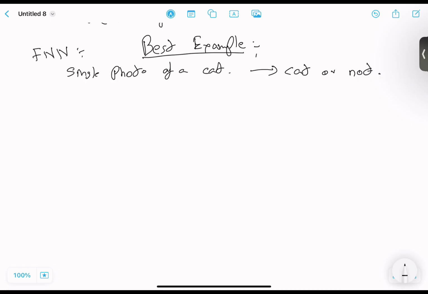If we feed cats, dogs and other animals to the neural network, that one image contains enough data to classify that particular image type. So this scenario will work.